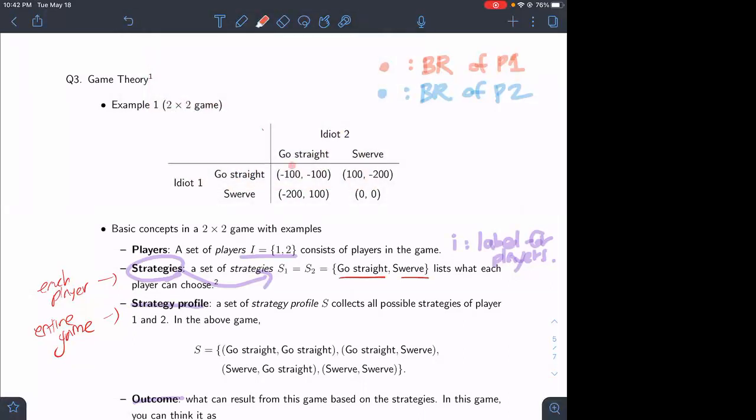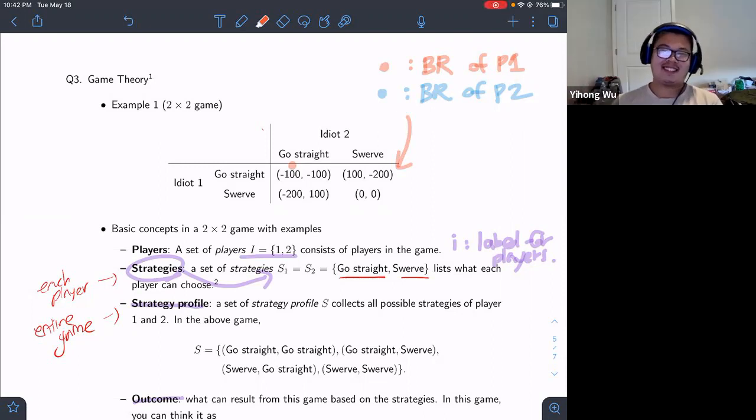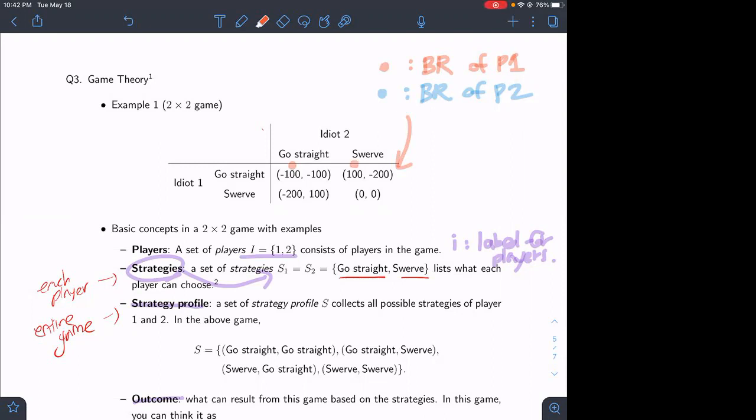Let me put a dot here to denote the best response of idiot 1. This concept is strategy by strategy, so we also need to specify what idiot 1 should do if idiot 2 swerves. Which one is larger, go straight or swerve? Still go straight. Very good. So this is the best response, given that the strategy of idiot 2 is swerve.